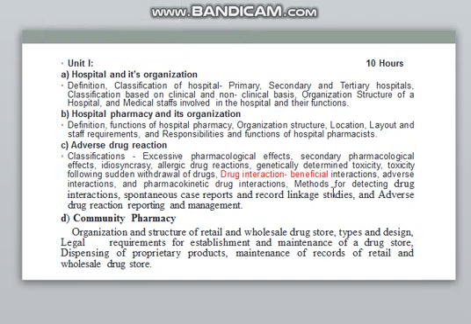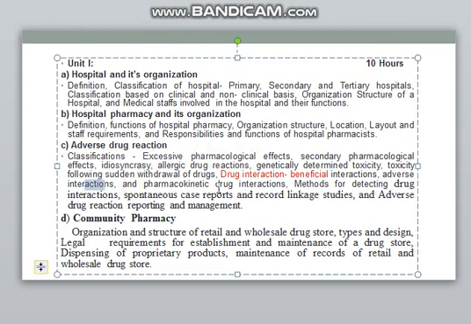In this course we also cover adverse drug interactions, pharmacokinetic drug interactions, and the methods to detect drug interactions. What is spontaneous reporting? That is, if a patient has an adverse effect or reaction, how it is recorded and reported.